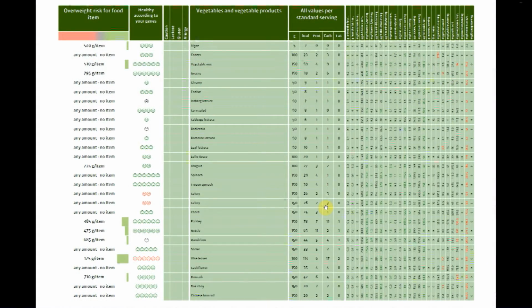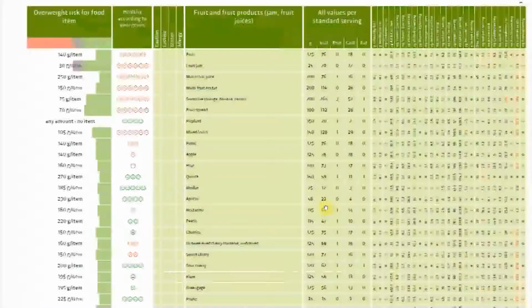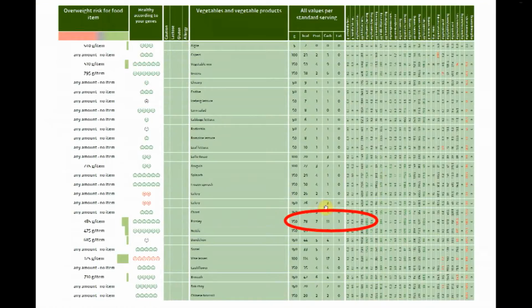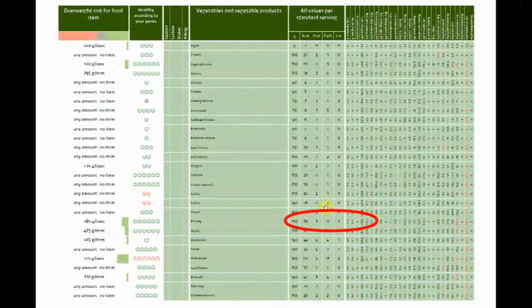Now this here shows you the main calorie containing substances. So for example, going for spinach. Generally a portion of spinach is 150 grams. And 150 grams of spinach contain 29 kilocalories, so a very, very low amount.